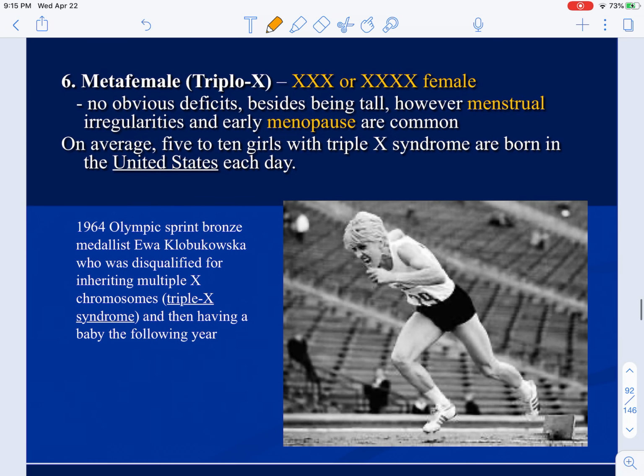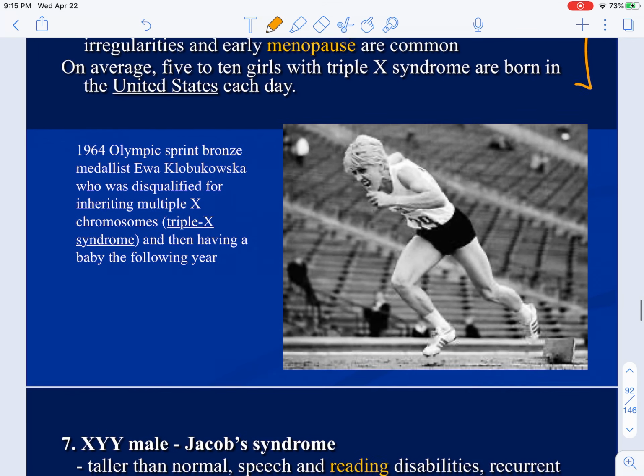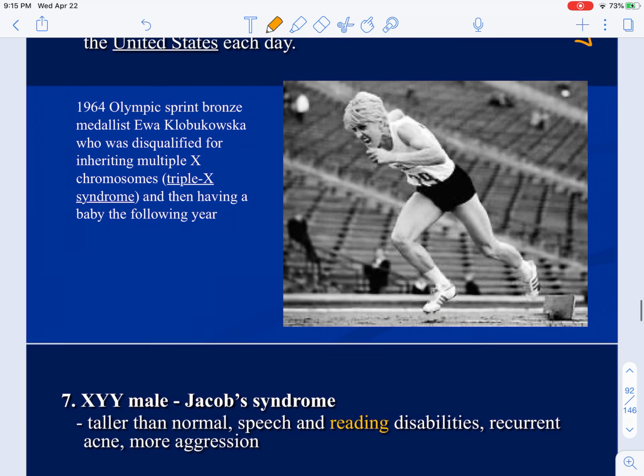Okay, we are going to go back to number 6. Triple X, sometimes even more X's, but extra X chromosome instead of having a female with 2 X's. If the genetic disorder is that they have 3 sex chromosomes, it could be metafemale or triple X. And there's, again, menstrual issues.